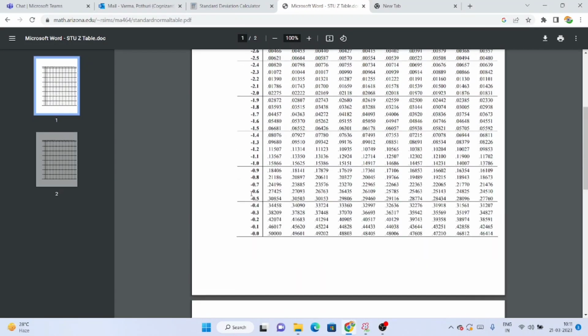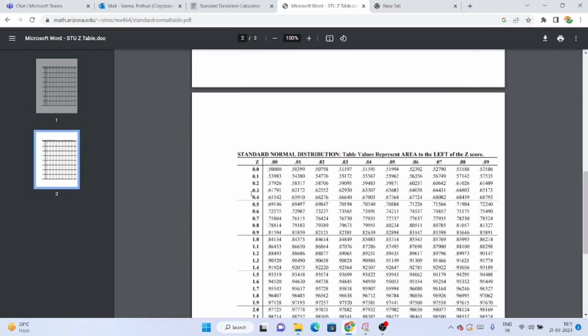So I will go to the row where I have 0.7. Yeah, here it is, 0.7. And after 0.7 we don't have any further decimal point, so I will take this 0.7 and the column 0.00, and here this 0.75.